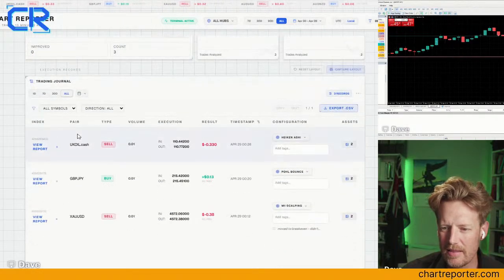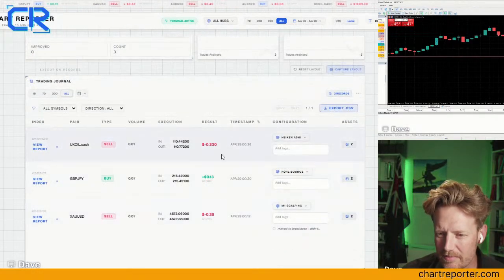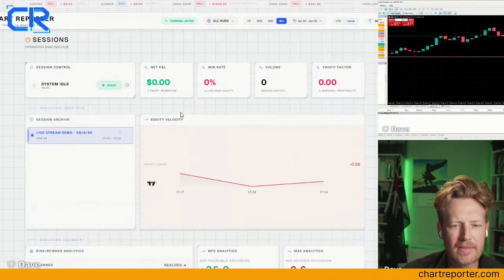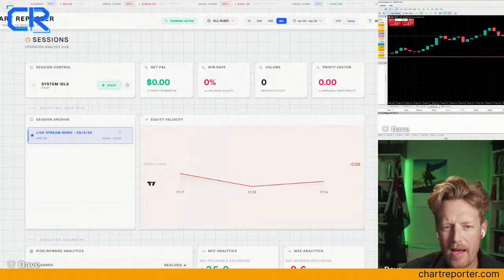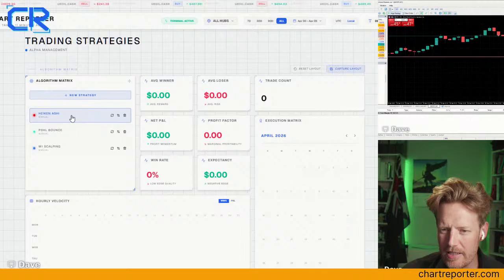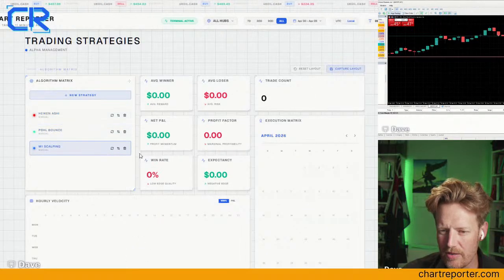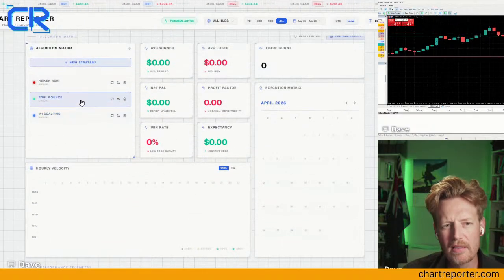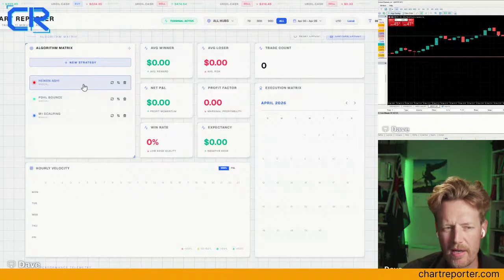Or have we found something? But anyway, if we go to our strategies, I can look at my Heikin Ashi strategy. Yeah, the numbers are all so small that they're rounding to 0, but they should show 33 cents. This is good. I mean, this is an early product.